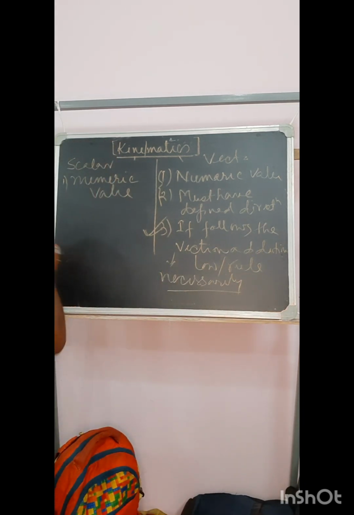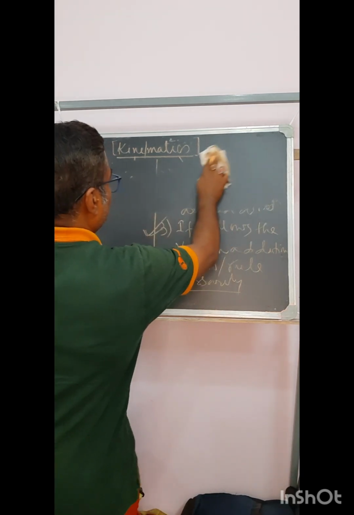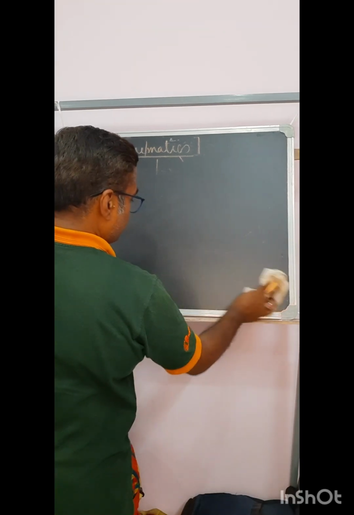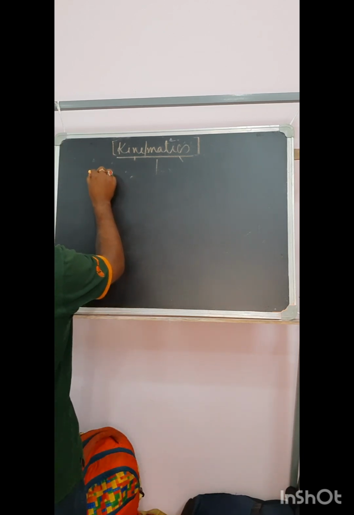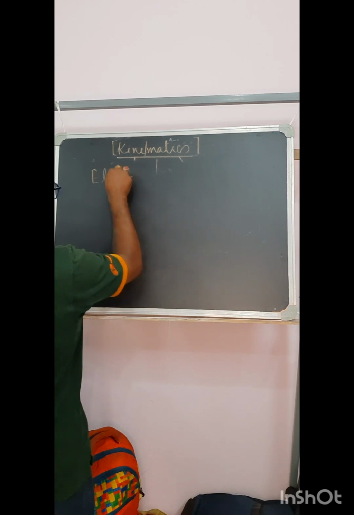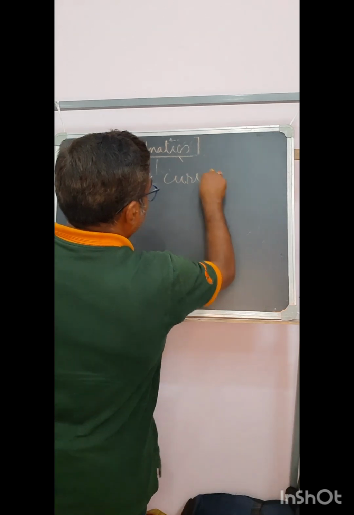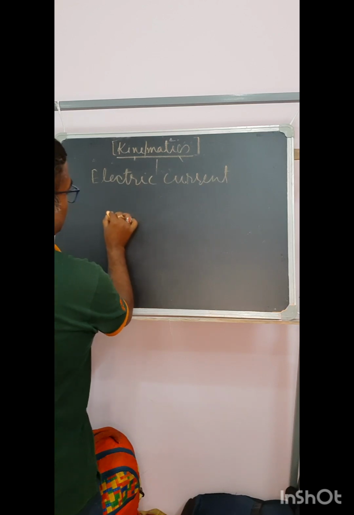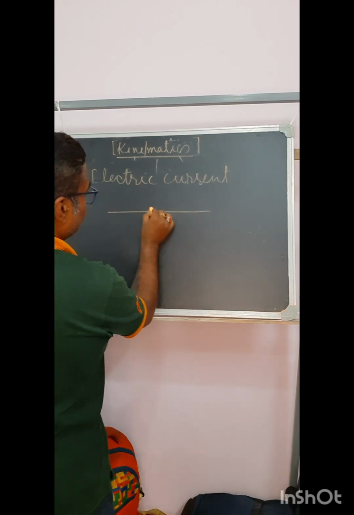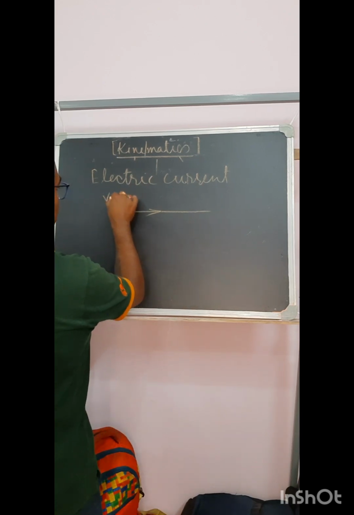Okay, so now take an example to support this part, when we say that it must follow. Say, let's say electric current. Electric current has direction, because when it is flowing through a wire, it must go along this way according to the voltage difference.